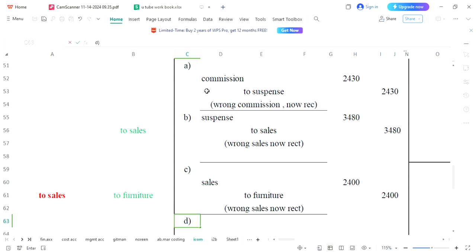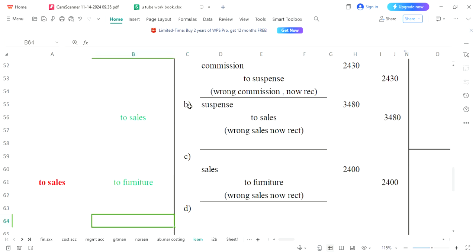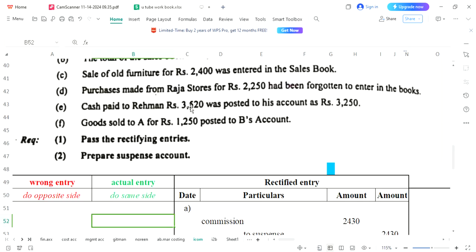Now let's see what D entry is saying. Purchase made from Raja. Okay, goods purchased from Raja. So we will write purchase to Raja was the actual entry. Let's see what mistake was done. It had been forgotten to enter in the books. Look here, books.